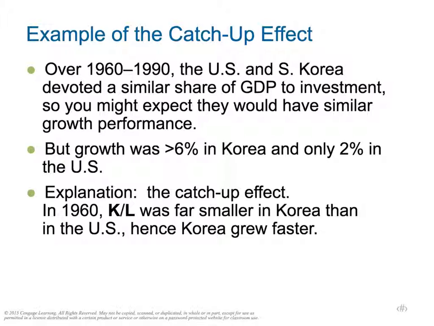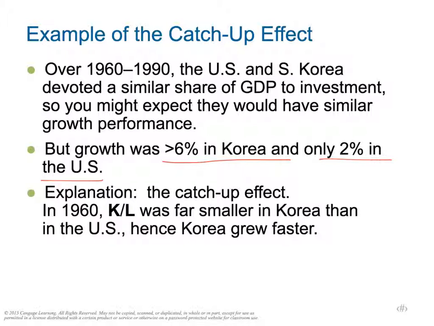Okay, so we can see an example here of the catch-up effect. South Korea had a very similar investment of GDP, increased investment by the same amount of GDP, and yet Korea grew by greater than 6%, where the U.S. only grew by 2%.